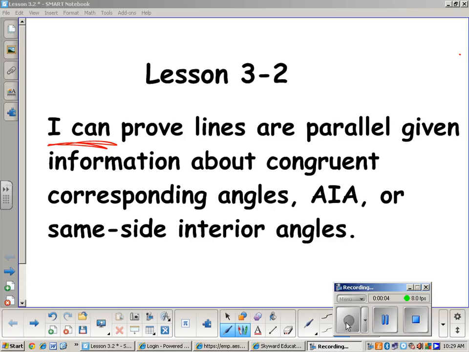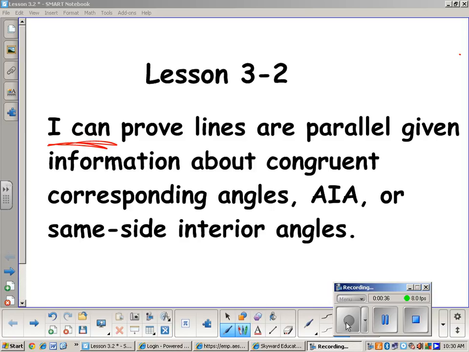Today, we are going to prove that lines are parallel given information about congruent corresponding angles, alternate interior angles, or same-side interior angles. When we last left off, we were given the fact that two lines are parallel, and if two lines are parallel, then what about corresponding angles?